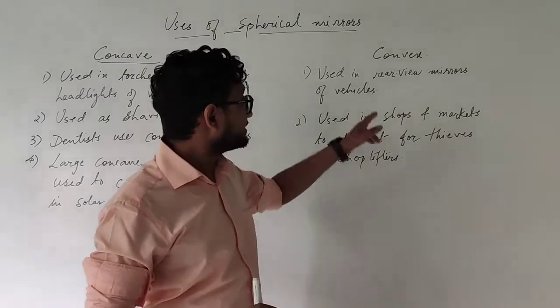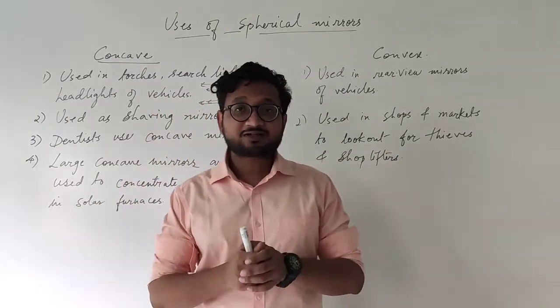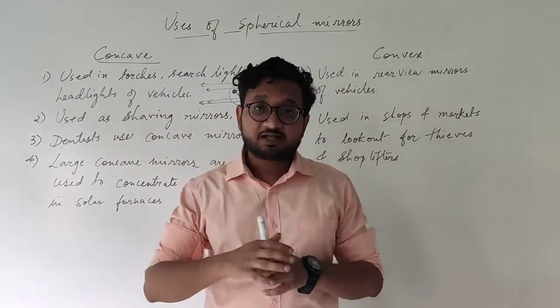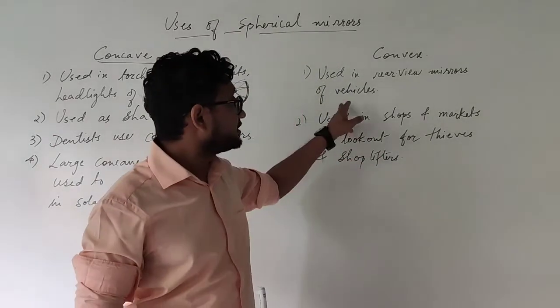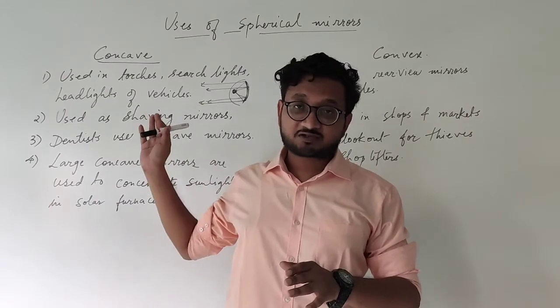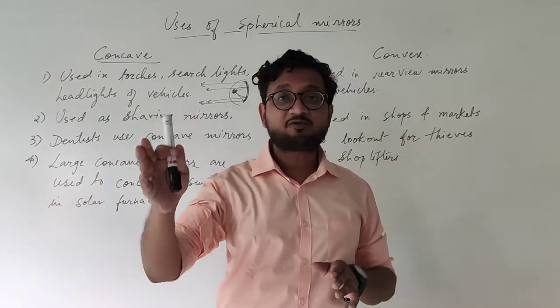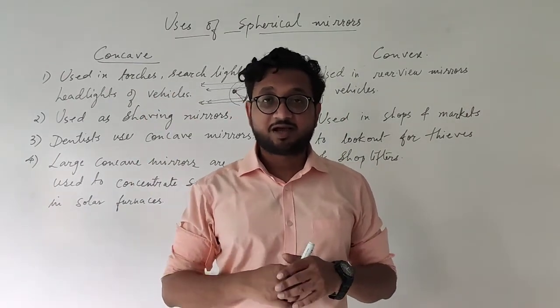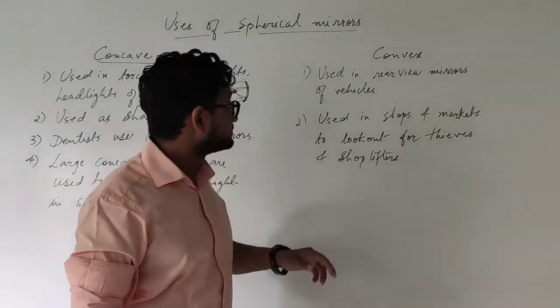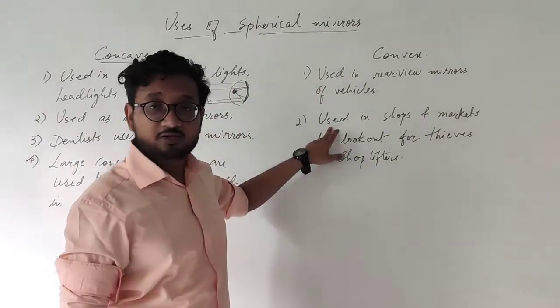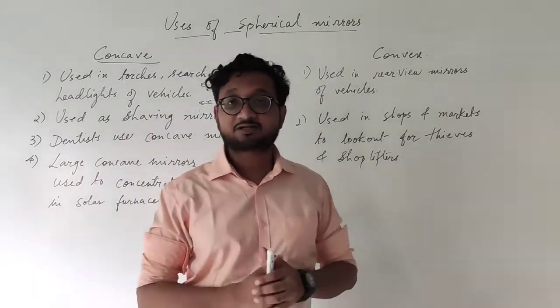Okay, it is a convex mirror, and we know that in convex mirror it always creates a small and a diminished image. That is why this type of mirrors are used, so that even if a larger vehicle is behind you, you can see the vehicle properly inside the mirror and give them the sight so that they can overtake or go past you.